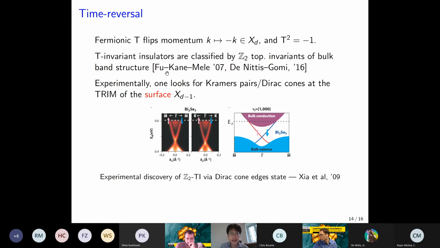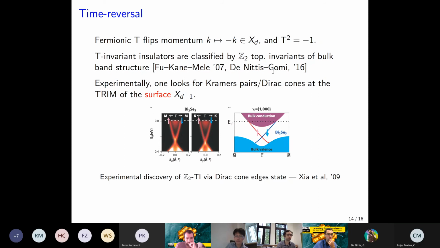It was discovered by Fu, Kane and Mele in the mid-2000s that time reversal invariant insulators are classified by a mod 2 topological invariant of the band structure. A way to make this precise is to use techniques of K-theory, and this was worked out by Giuseppe De Nittis and my collaborator Kiyonori Gomi in 2016.